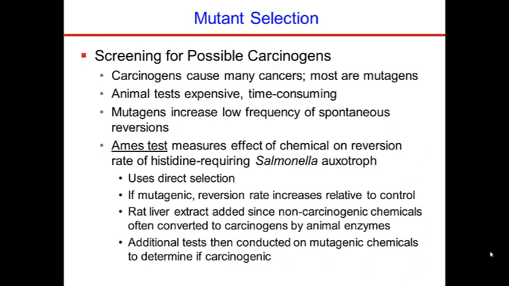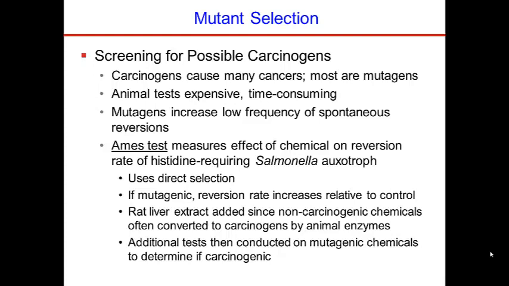A carcinogen is any substance, any radionuclide, or any type of radiation that is an agent directly involved in causing cancer. The potency of many carcinogenic agents can be assessed using the Ames test.